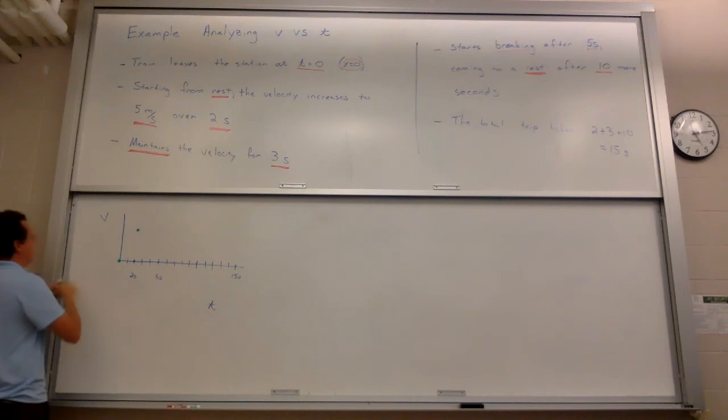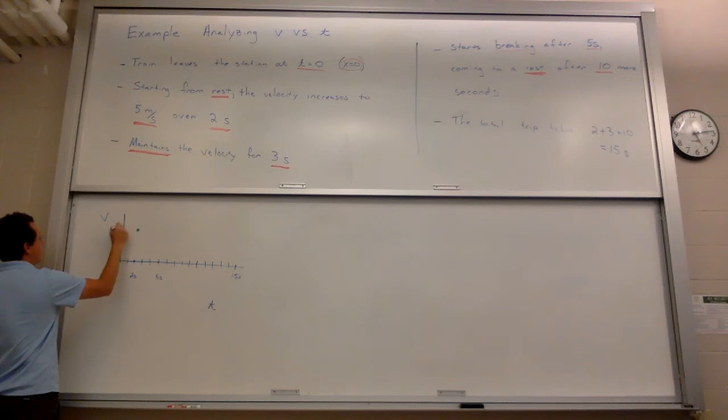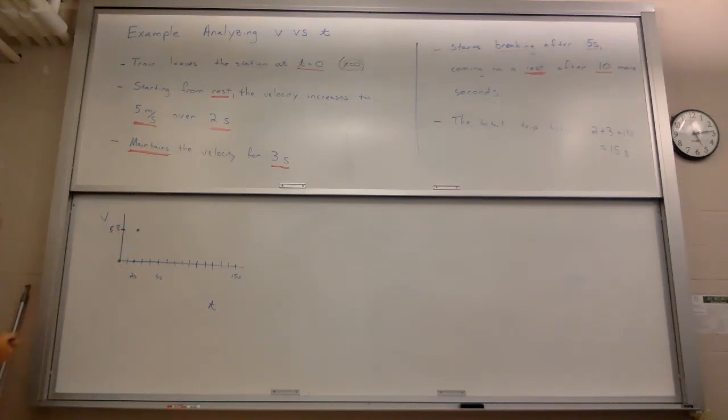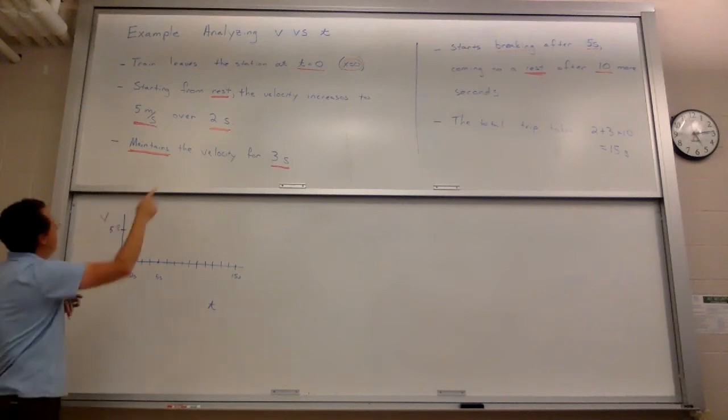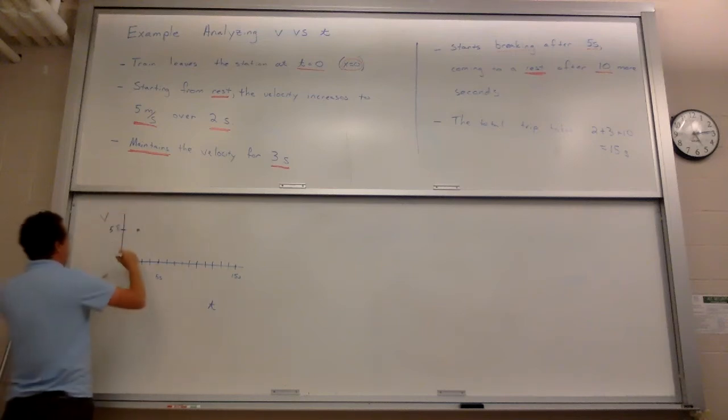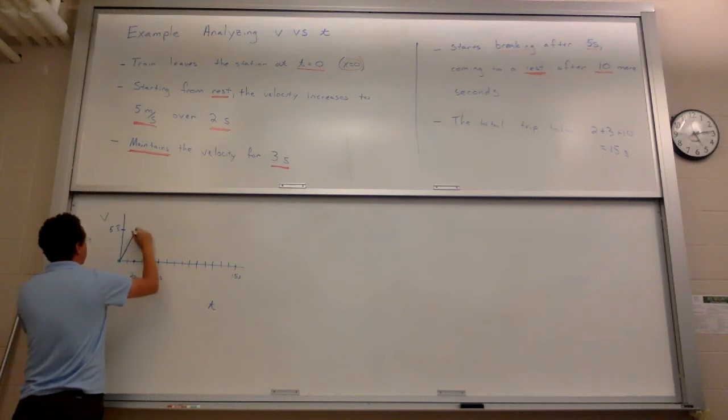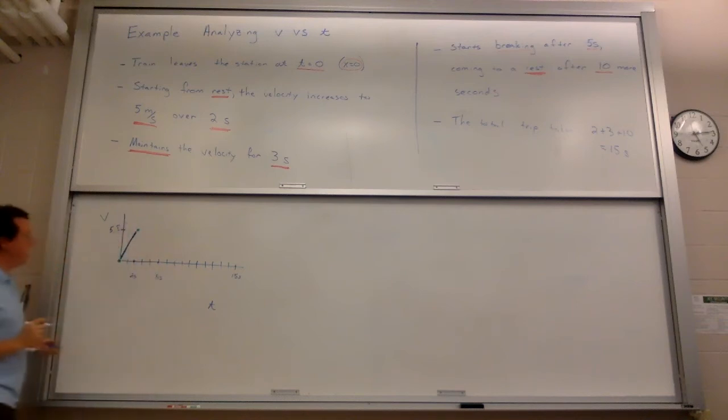And then I'm going to label the vertical axis, set a scale, and say that that is 5 meters per second. Okay, so we start at 0 velocity, and we assume that it's steadily increasing. We'll assume it's just a linear increase over the first 2 seconds.